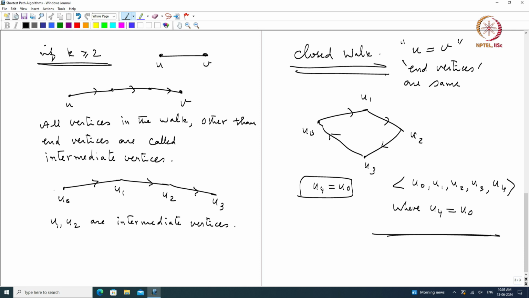You can represent this walk as u0, u1, u2, u3, with the understanding that (ui minus 1, ui) belongs to E, for i equal to 1 to k, here 1 to 3. So u0, u1 is an edge, u1, u2 is an edge, u2, u3 is an edge. It is a chain. So, you can represent this by a chain of edges or a sequence of vertices. Both representations are useful.